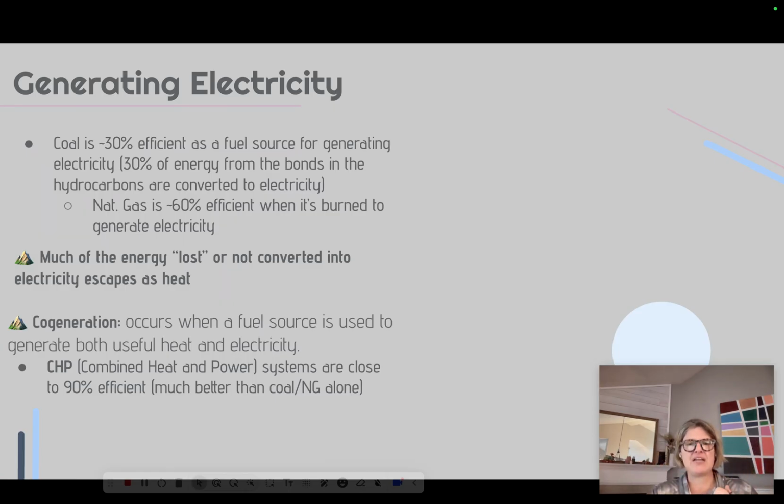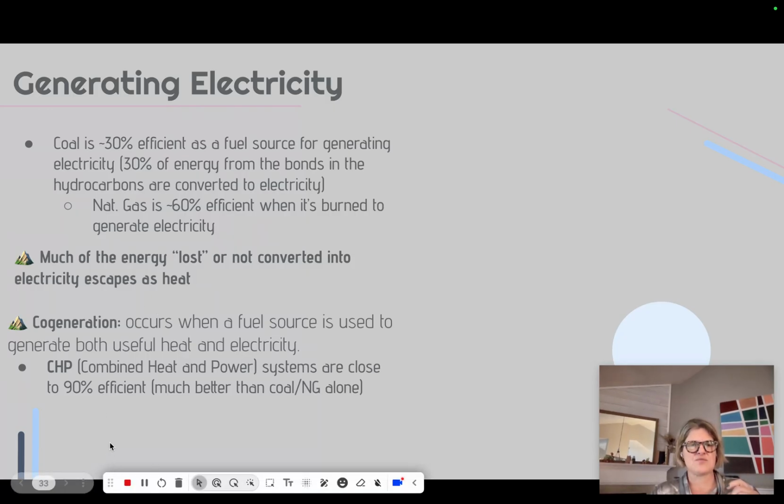And they're about 90% efficient. And so that is actually a really good thing. It's much better than just coal and natural gas alone. Collecting the energy or the power from them, if we actually collect that heat as well, that's a real benefit. It improves that 30, especially that 60% efficiency, to about 90%.